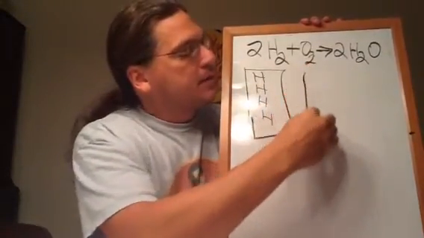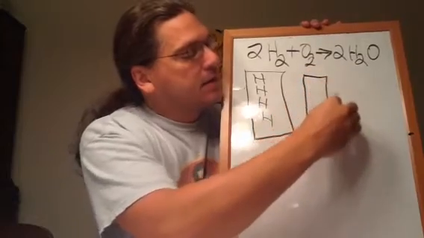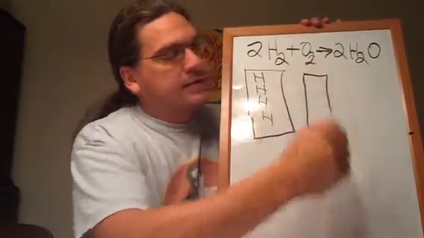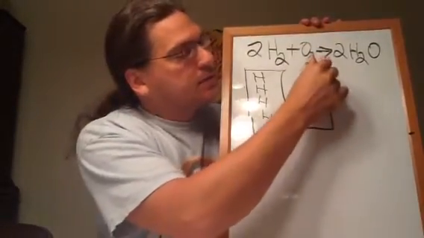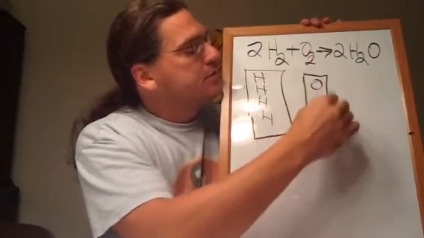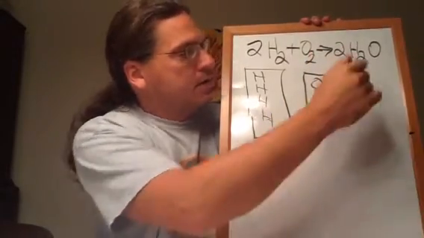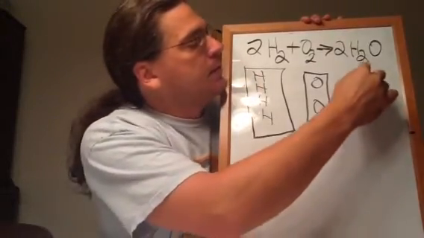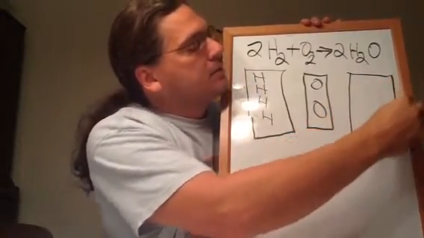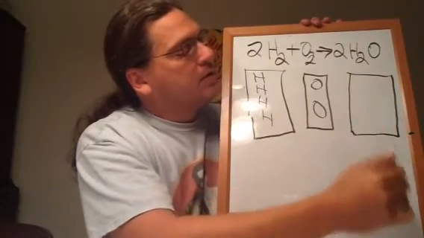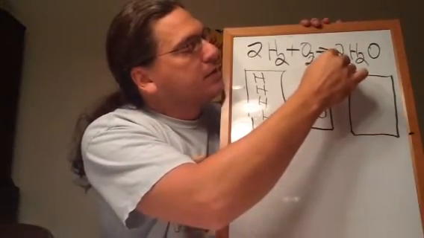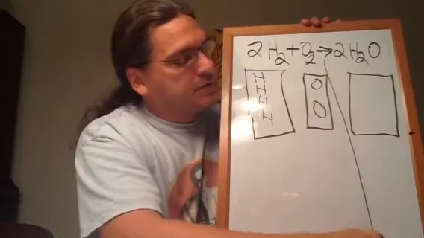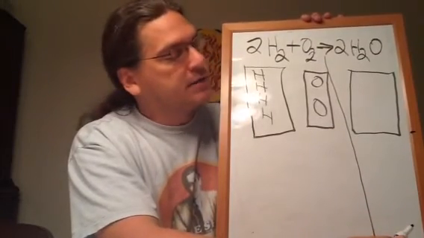Oxygen, we draw another box. We draw a box for each molecule in the reactants and the product side. So on oxygen, we have 2 oxygens, just like that. On the product side, we have 2 different elements, so they're all in one box. It's good, I forgot, it's good to draw a line in between so you'll know which is the reactant and which is the product side.